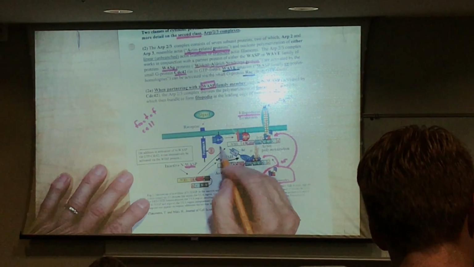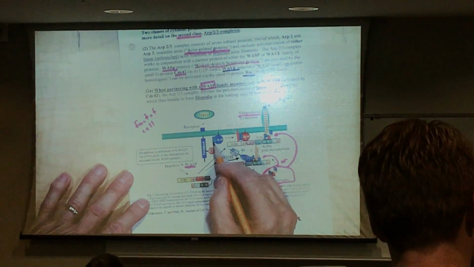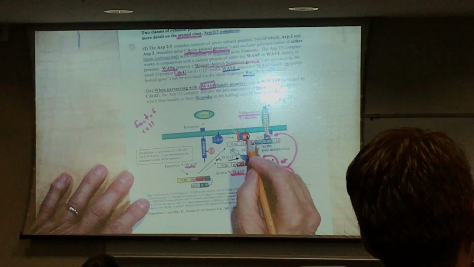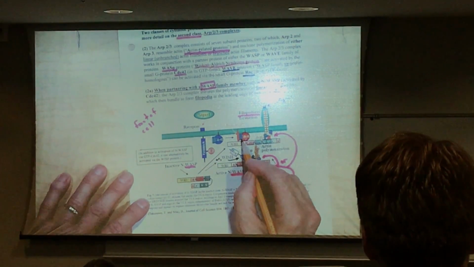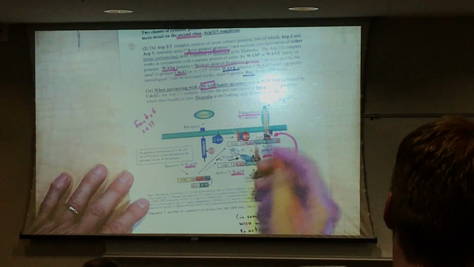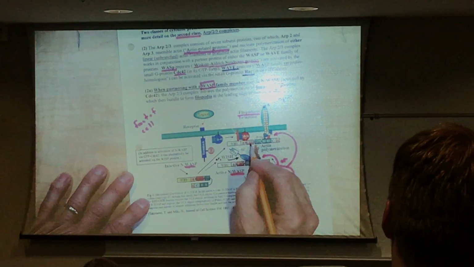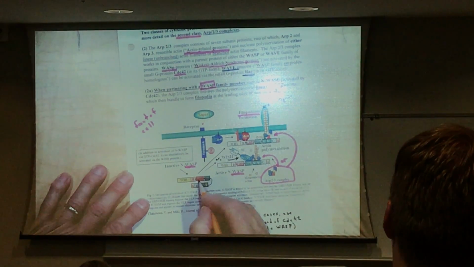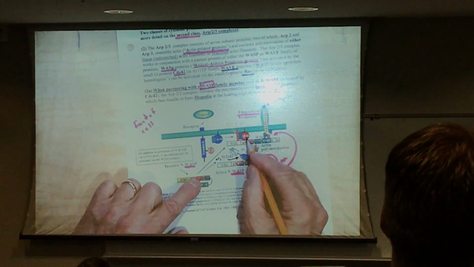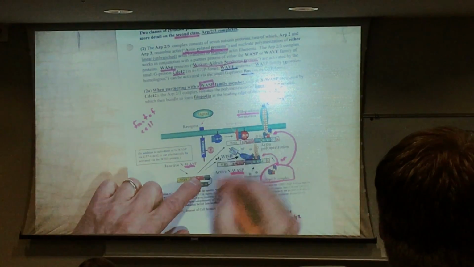Here is inactive CDC42 in its GDP state, and here's active CDC42 with GTP in its mouth. Now it has the right shape to interact with the G protein binding domain here. This domain will bind to activated CDC42, and that will cause WASP to uncurl.